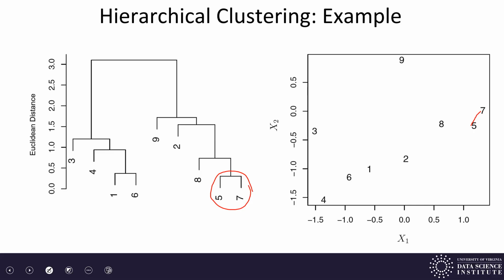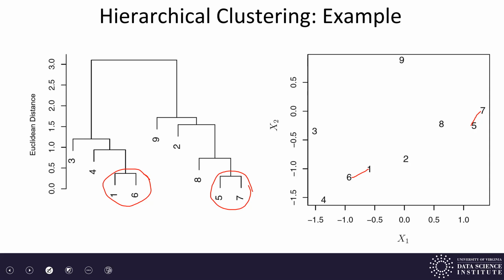And now we look at additional pairs of data points, or comparing data points to the clusters that we've already made. We only have one cluster here so far, but the next closest pair are 1 and 6. So that's this grouping of 1 and 6. If you look at this diagram on the left-hand side, it's called a dendrogram.